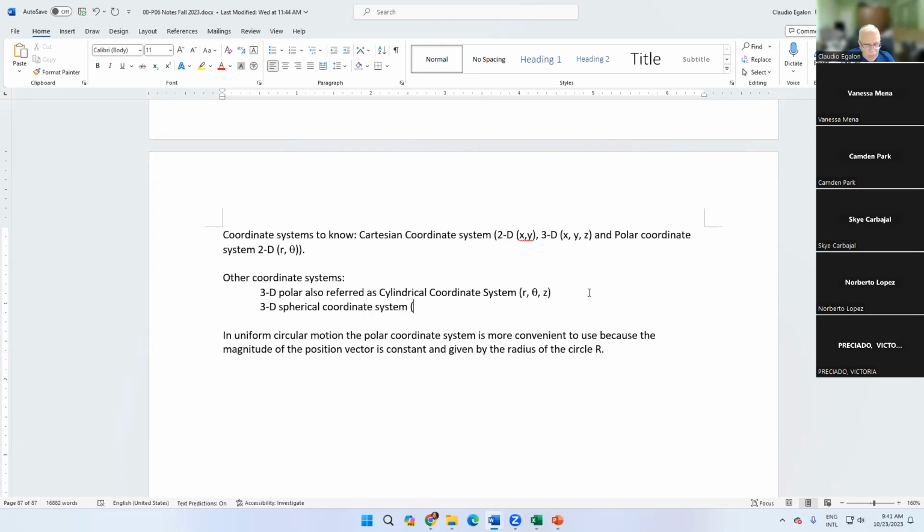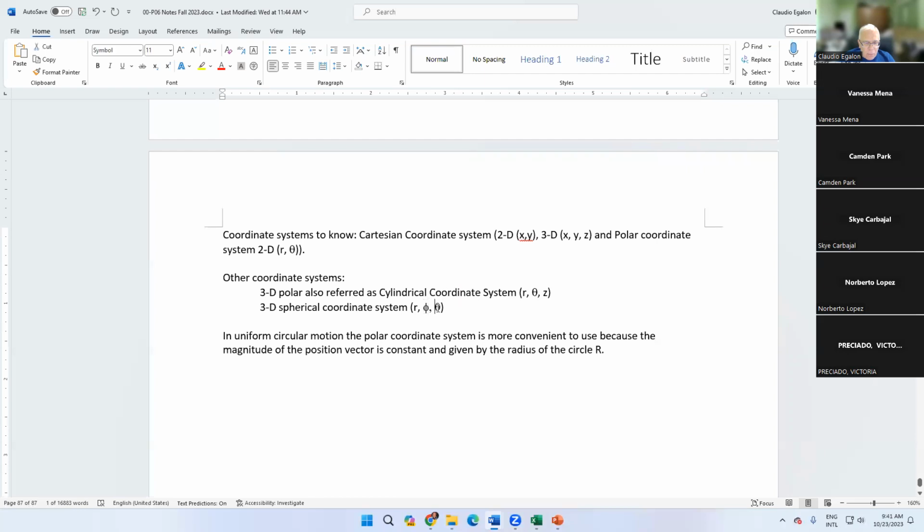which is r, we call it phi, and then we call it theta. Let's see if that's the right one. So the spherical coordinate system is latitude combined with longitude. This one should be the longitude.